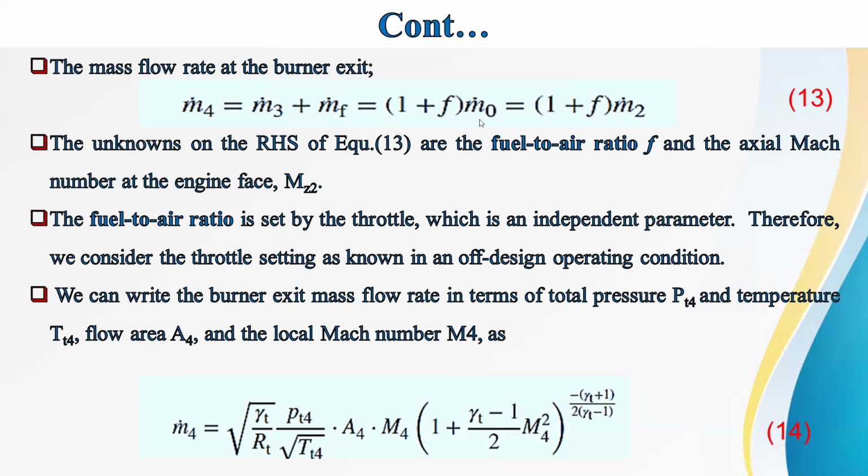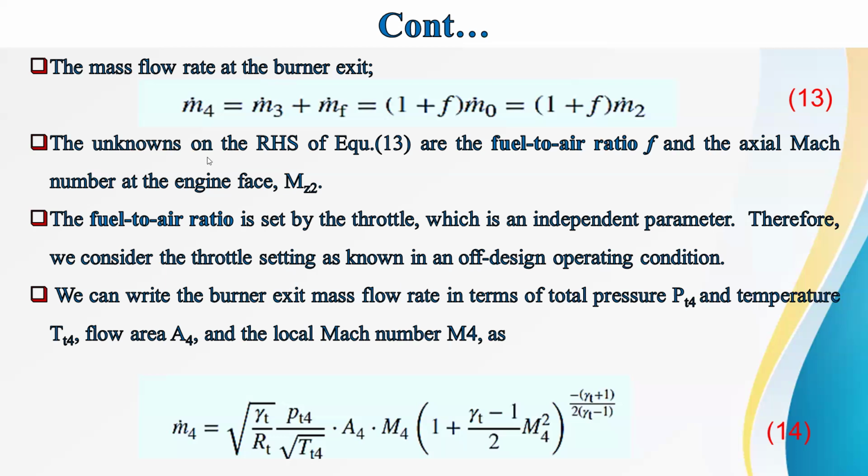Therefore, 1 plus F times M naught of the air is equal to 1 plus F times M2 dot. So this is just the mass flow rate balance.